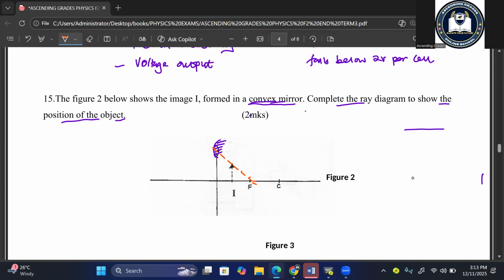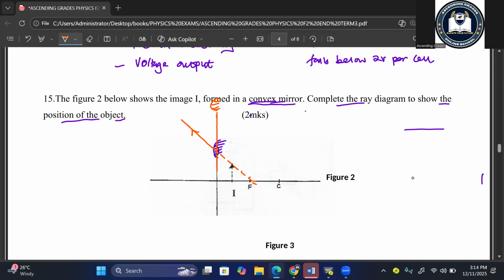So if I was to pick that this is the straight line, then at this juncture, that would become the reflected ray. So this is now my mirror.